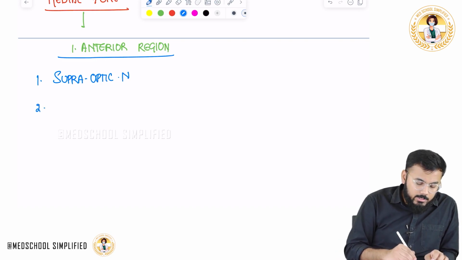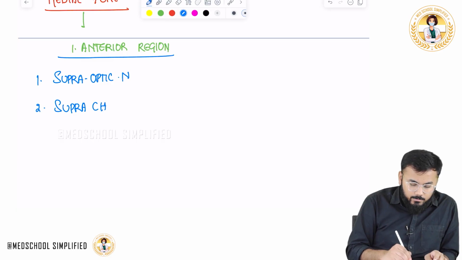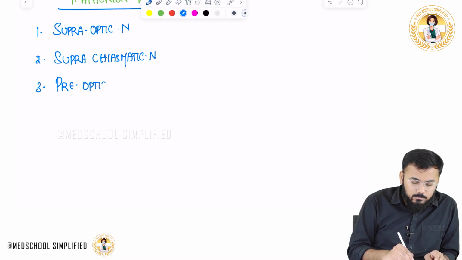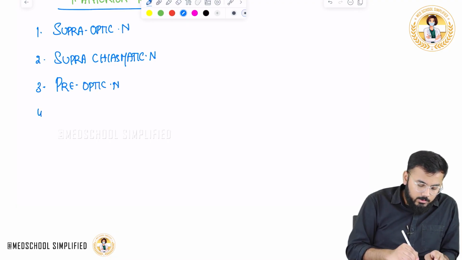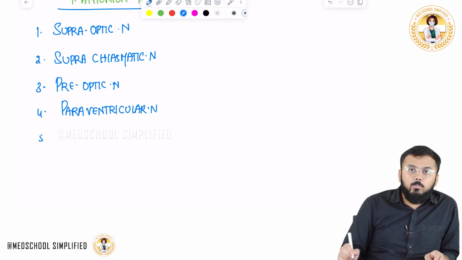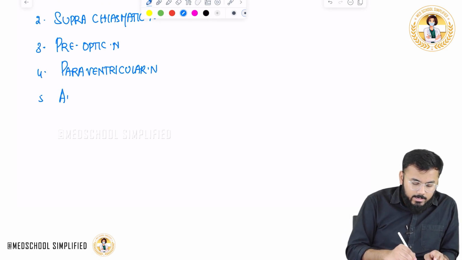Next, after that you have studied is the suprachiasmatic nucleus. Okay, and after that you have studied is a preoptic nucleus. Preoptic nucleus. Fourth important thing is your paraventricular nucleus. Fifth important thing is your anterior nucleus.